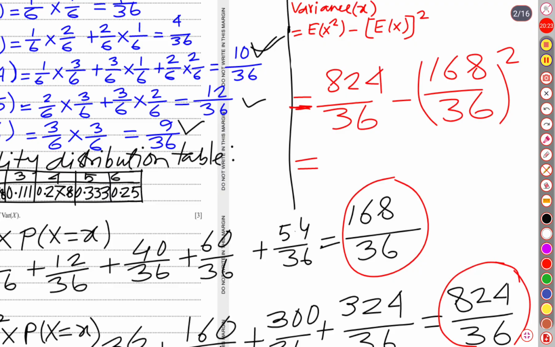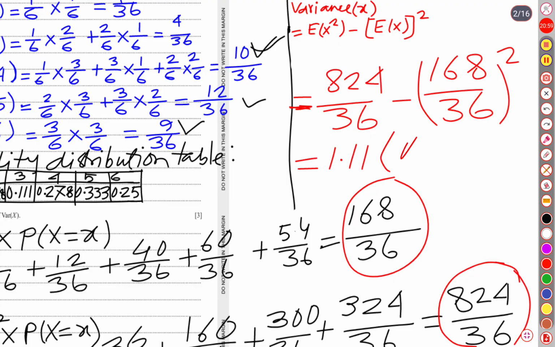Our variance is going to be, if we do the subtraction, 1.11.